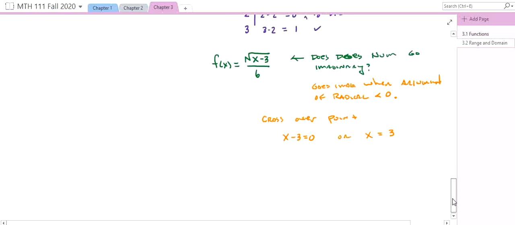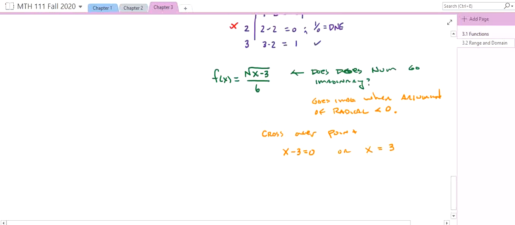But now what happens if x gets bigger than 3, even an infinitesimally small amount bigger than 3, like 3.001? Then x minus 3 is going to be a negative number, and the square root of that is going to be an imaginary number.